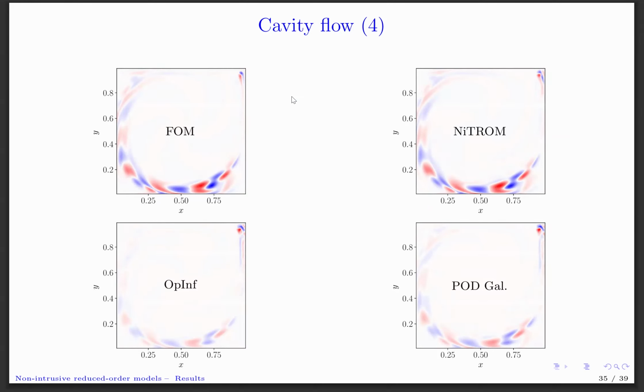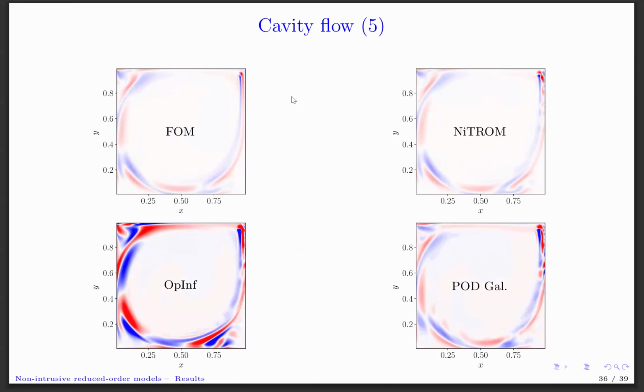Here it's shifted by a little bit. By contrast, NiTROM is doing a pretty good job both in terms of amplitude and phase of these vortical structures. This is another snapshot from a different trajectory. I think this is a lower frequency forcing, but the takeaway is the same. We're doing well both in terms of amplitude and phase of the vortical structures.